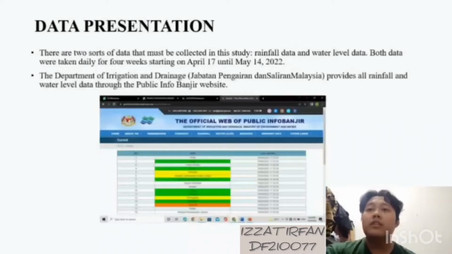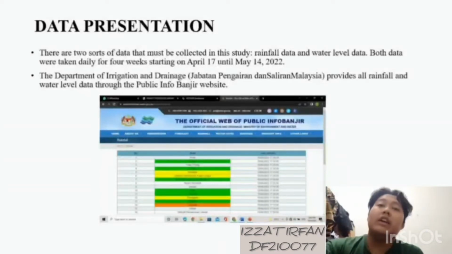Thank you. For data presentation, there are 2 sorts of data that must be collected in this study, which are rainfall data and water level data. Those data were taken daily for 4 weeks, starting on 17 April until 14 May 2022.